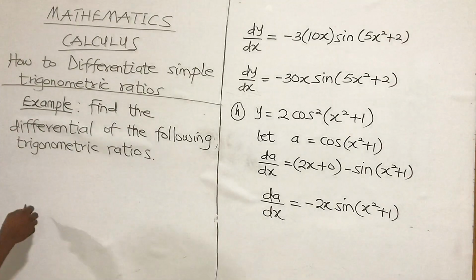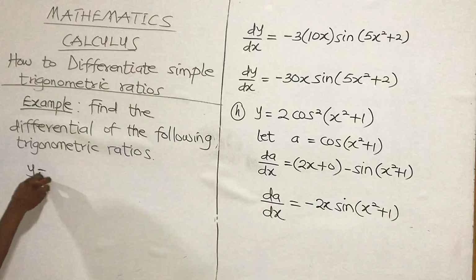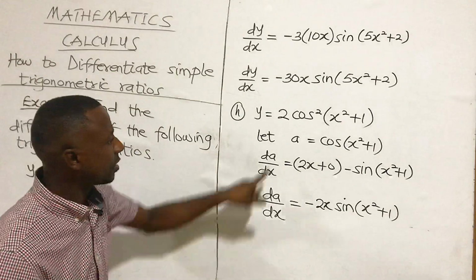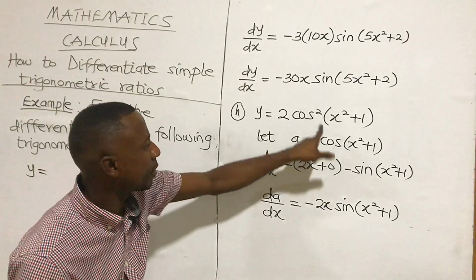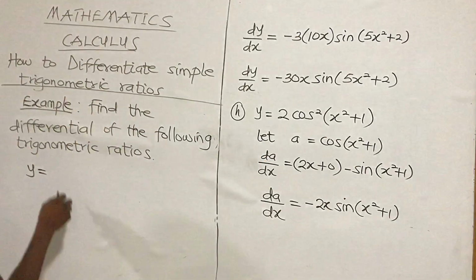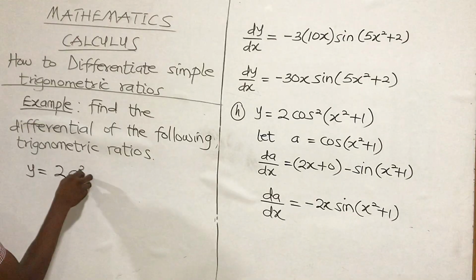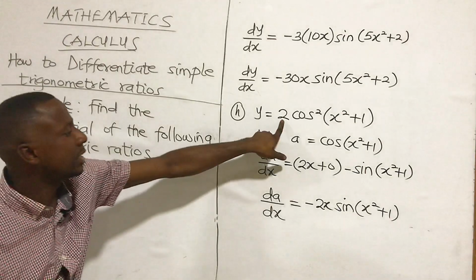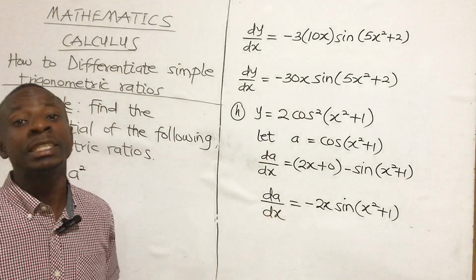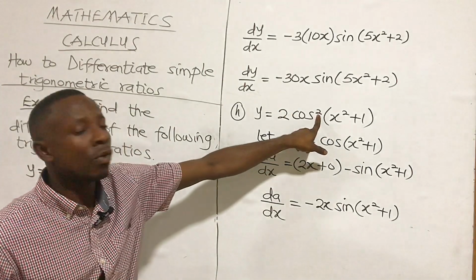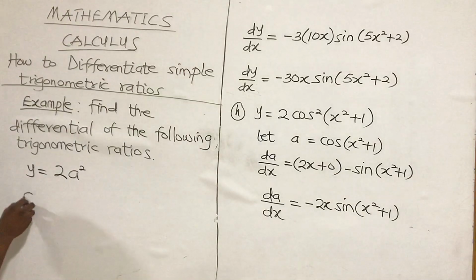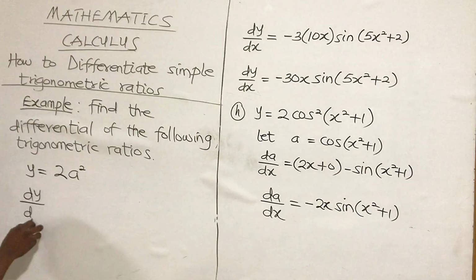So I have y to be, now we said that we should let cos bracket open x squared plus 1 be A. So y will be left with 2A squared. This 2 is here. Then everything here is representing A. But we know that the cos is squared, so we are getting A squared. So we have dy over dA.